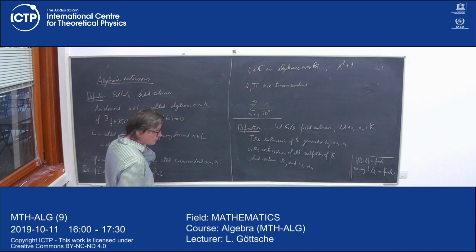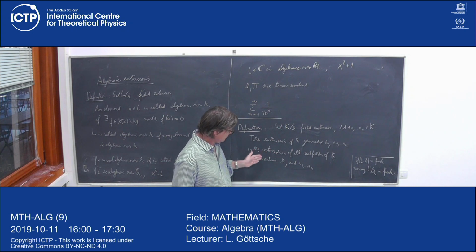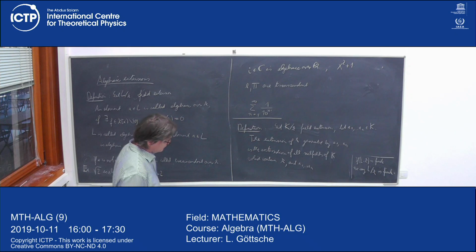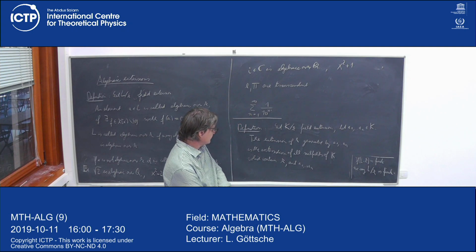Obviously, if you have an intersection of fields inside a given field, this will also be a field. So this is a field, and by definition it contains k and A1 to An, and it's the smallest subfield of K which contains all these elements.